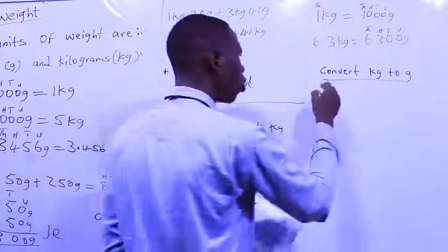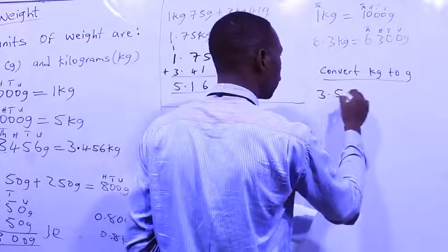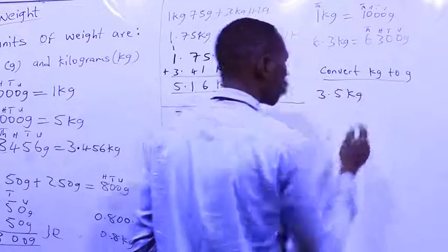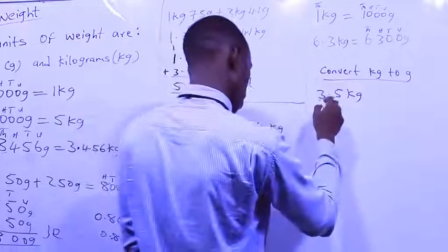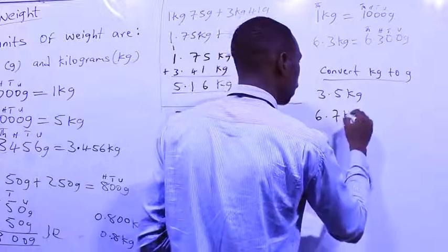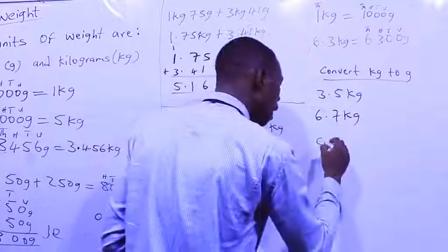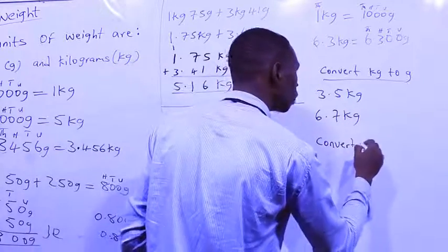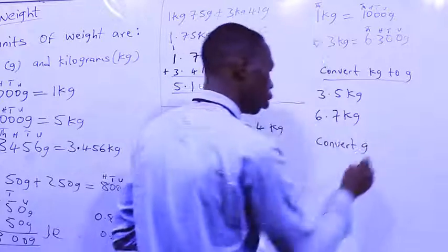Try it at home. 3.5 kilograms, convert it to gram. 6.7 kilograms, and then convert this kilogram to gram.